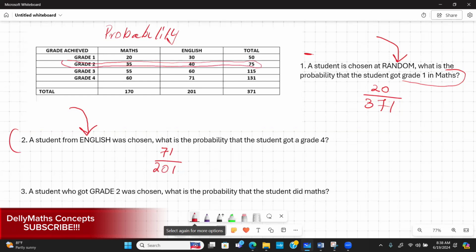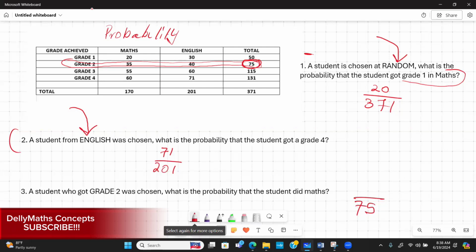Not only that, my denominator would be the total here, so we're dealing with everything over 75, because we've been biased towards grade 2 and we want to pick somebody from grade 2. So we know it's going to be out of 75, not out of 371, not out of 170, or even out of 201. Context for the question, we're dealing with just the grade 2s and it's only 75 of them.